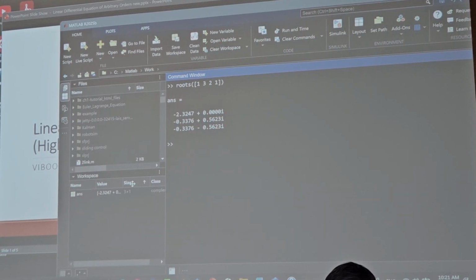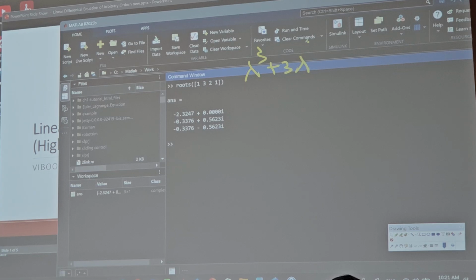So your characteristic equation will be lambda cubed plus 3 lambda squared plus 2 lambda plus 1 equal to 0. So you have these 3 lambdas, a combination. Lambda 1 equal to minus 2.3247.